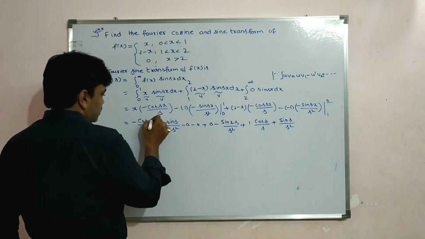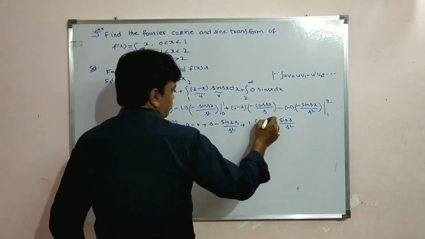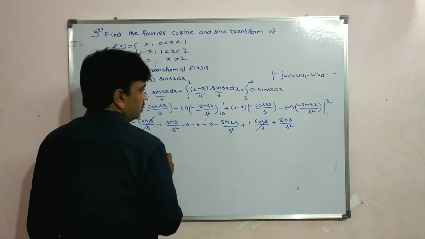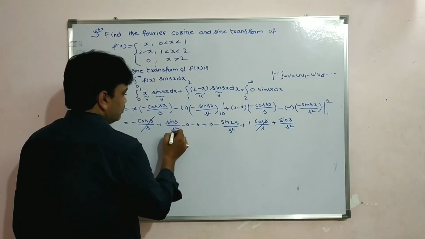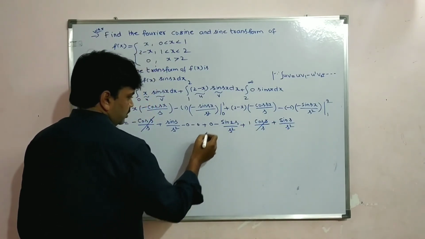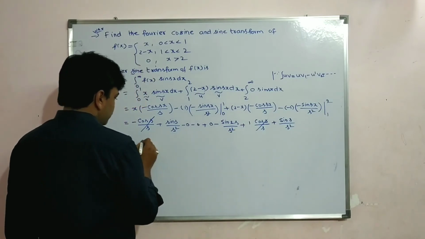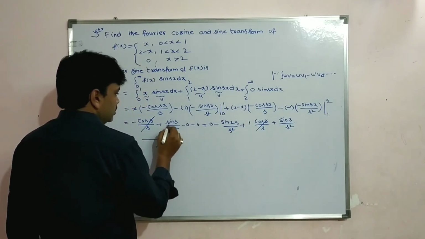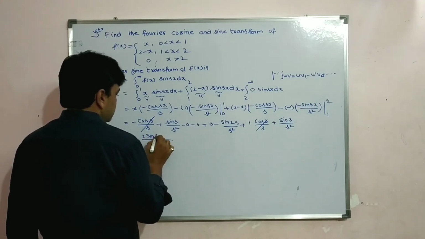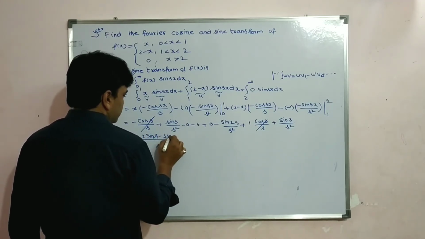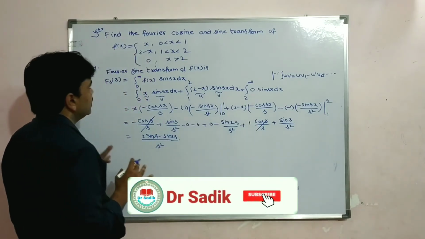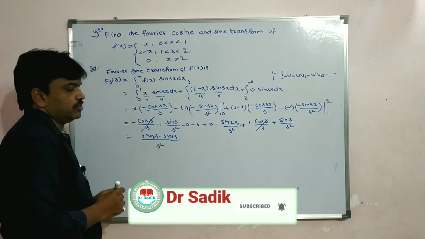See, students, minus cos s by s plus cos s by s cancel, so that is equal to sin s by s square, minus 2 sin s by s square, so the LCM is s square: sin s plus sin s, 2 sin s minus sin 2s. This is the Fourier sine transform of the given function, students.